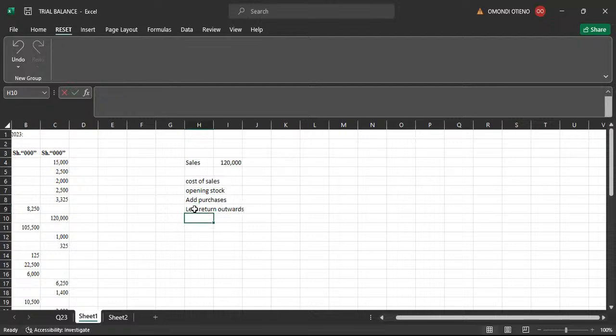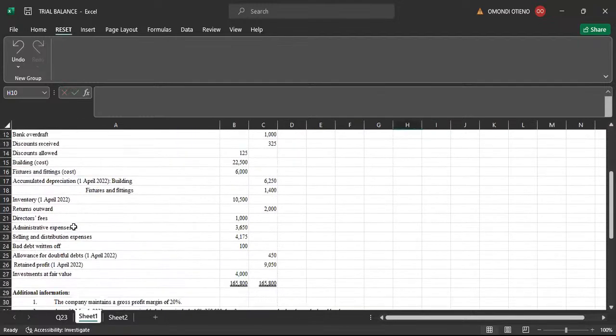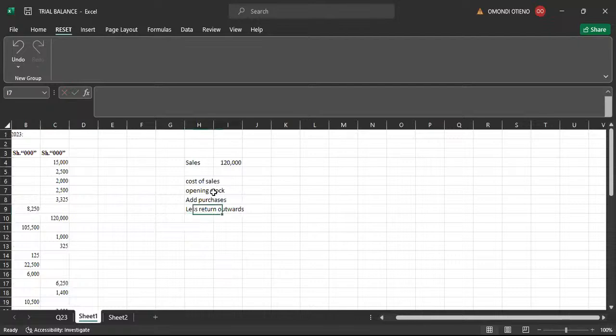If we have carriage inward, it should also be included there. But let me see if we have it in this particular question. Do we have carriage inward? No. So if there is no carriage inward, then opening, add purchases, less return outwards, will give us cost of goods available for sale.